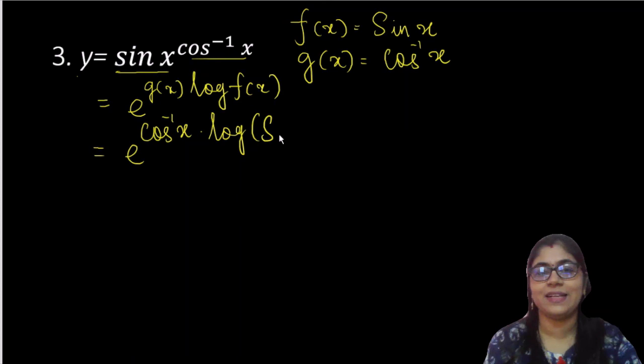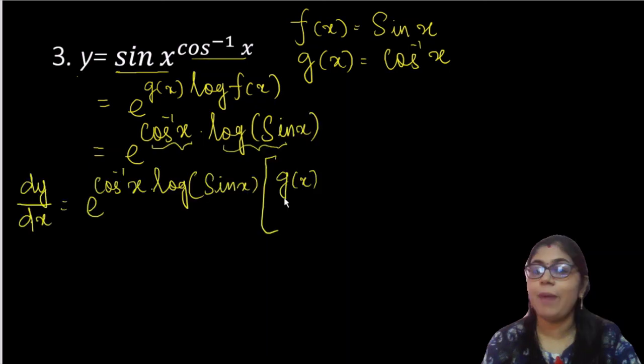Now we can differentiate this. dy by dx is equal to e to the power cos inverse x into log of sin x, this into, this is g x, this is f x. Now we know the formula g x by f x.